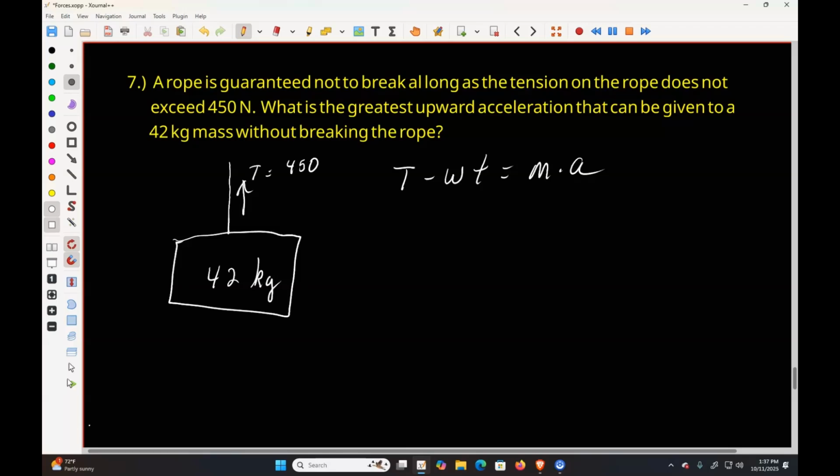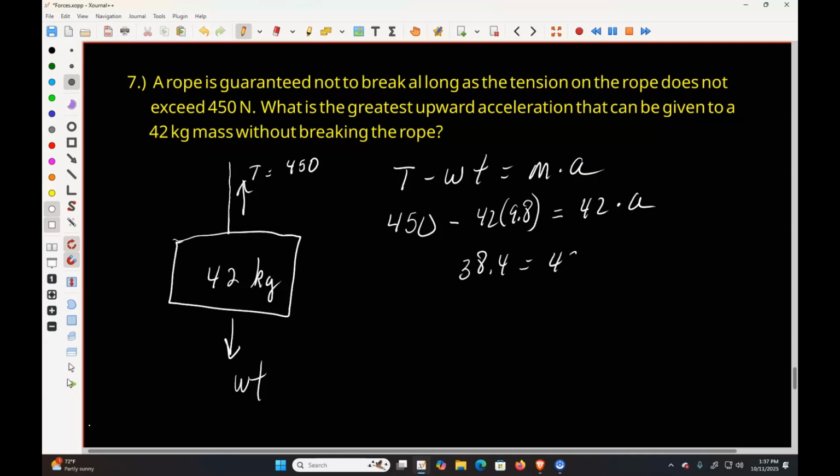So the tension here is 450 minus the weight, which is going to be 42 times 9.8, equals the mass, which is 42 times A. So I have 38.4 equals 42A.